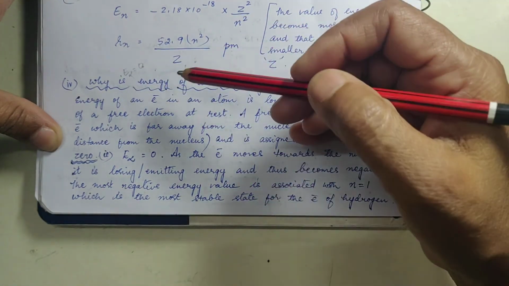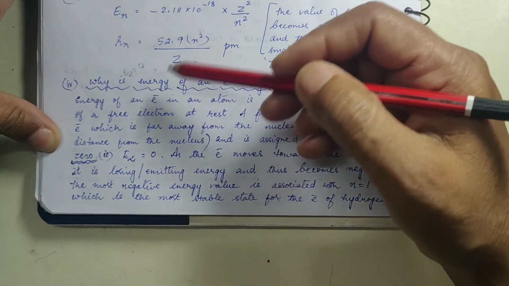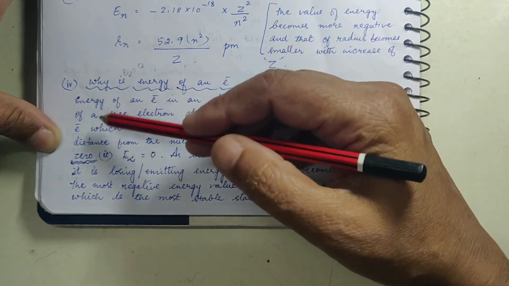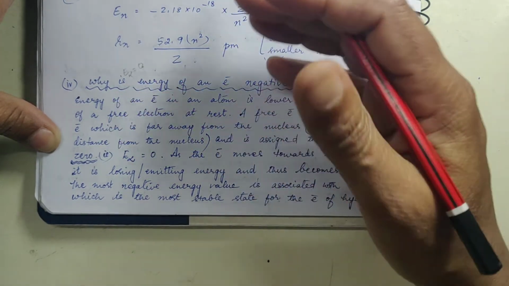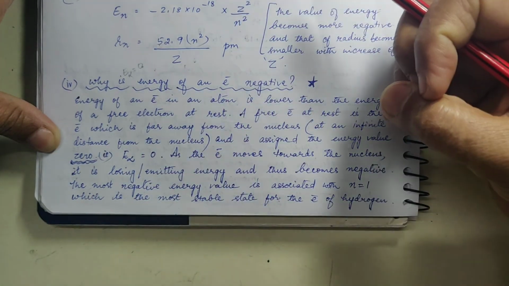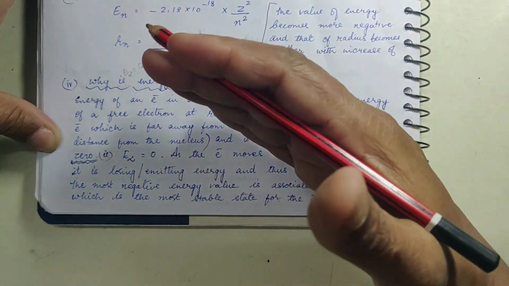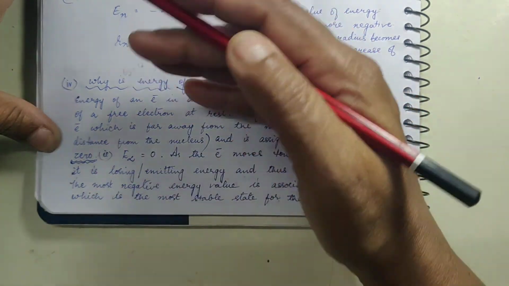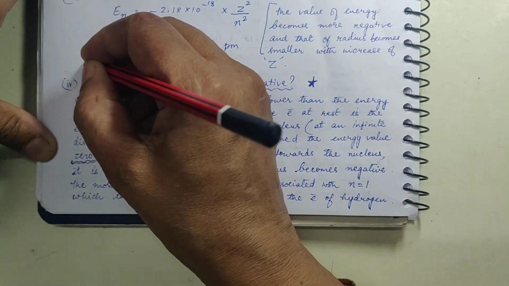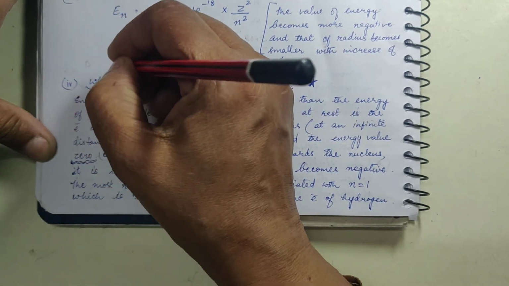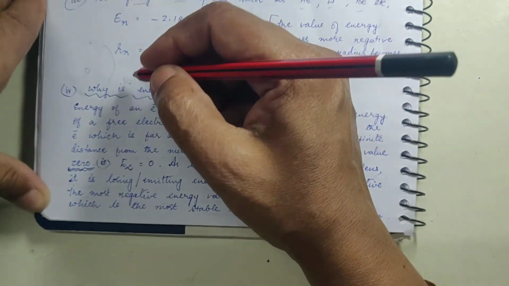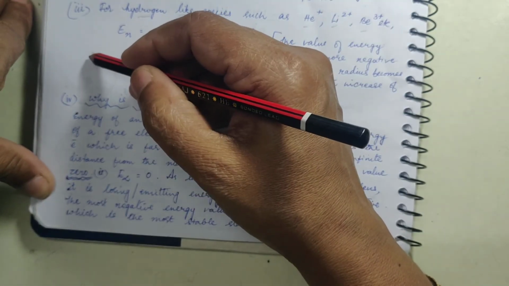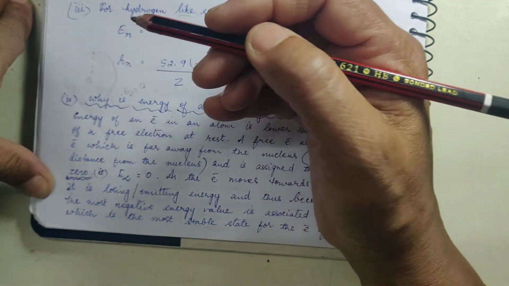Now as the electron moves towards the nucleus, it is getting attracted because the nucleus has positive charge, protons. So if the electron is attracted towards the nucleus, what happens? Whenever it is moving from a higher energy to lower energy, energy is emitted. Say this is the nucleus and the electron is somewhere here. When it comes towards the nucleus, it will come by emitting energy.